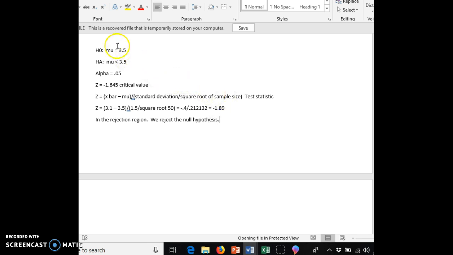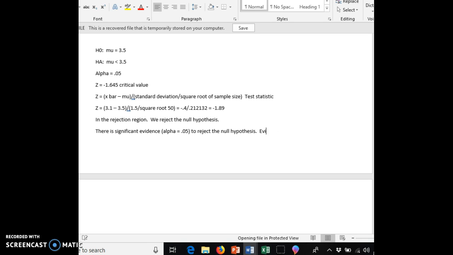All right, so by rejecting this null hypothesis, we're embracing the alternate, that the mean is less than 3.5. And we always want to make a final statement about what all of this means. So there is significant evidence, and we state our alpha value, alpha is 0.05, to reject the null hypothesis.